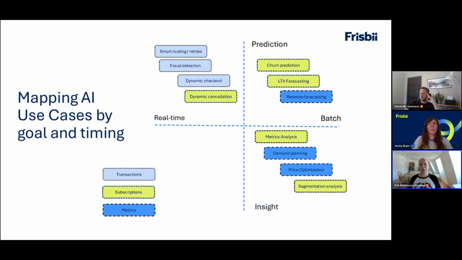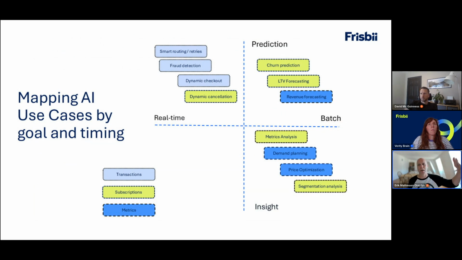And then down in the bottom right, we have the more insight-driven questions, like metric analysis. Churn rose in France last month by 2%. Why? What were the drivers of that? What are the leading indicators of churn we should be looking at? Are they changing over time, et cetera? Customer segmentation is another classic insight analysis we do, or price optimization. If we move the price by 5% on this particular plan, how would that affect our top line metrics?